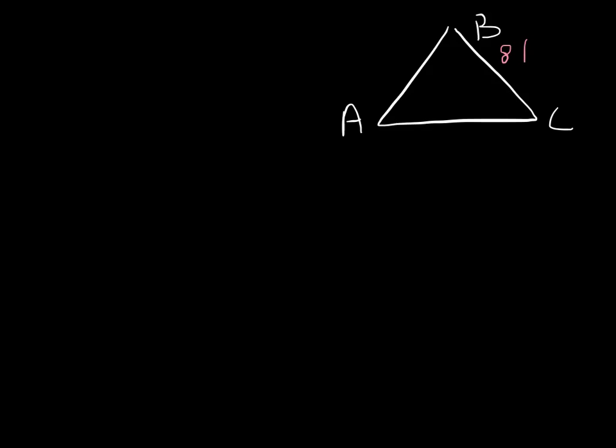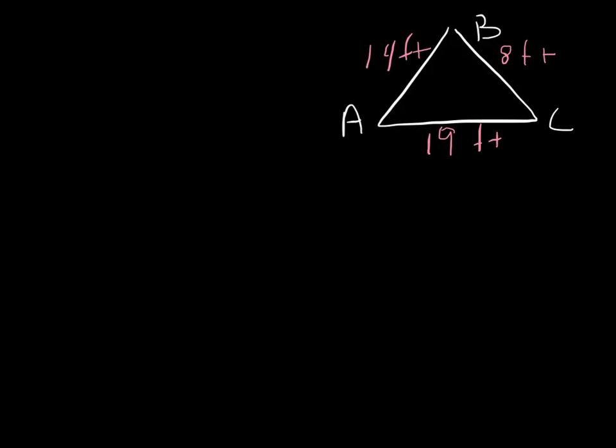So for our first problem, let's say they give us 3 sides. They tell us that a is 8, b is 19, and c is 14. Now, we have no choice.